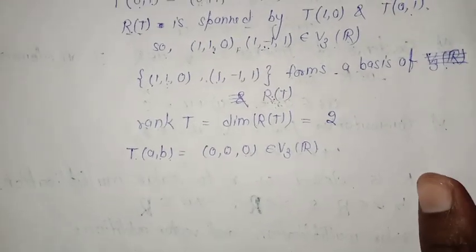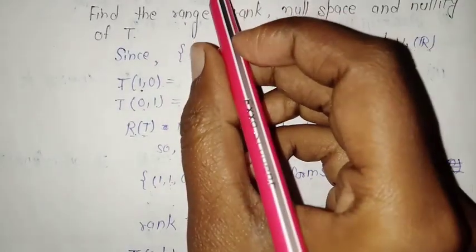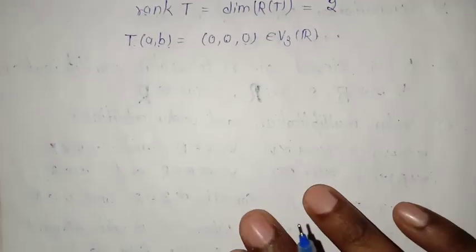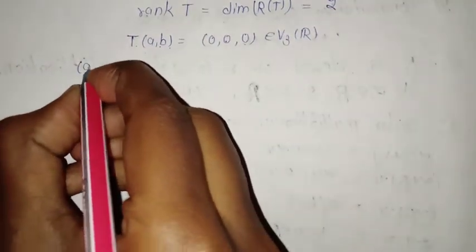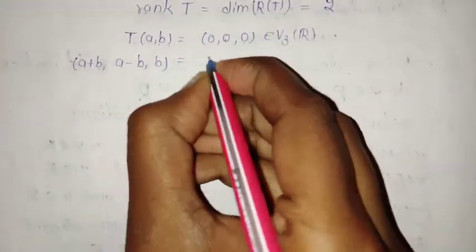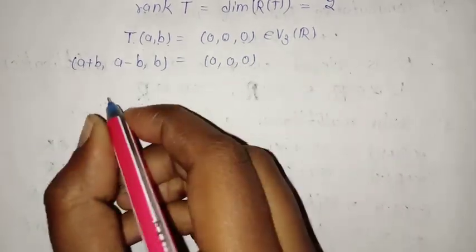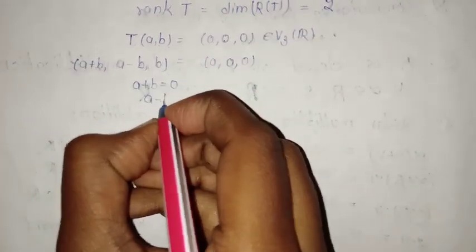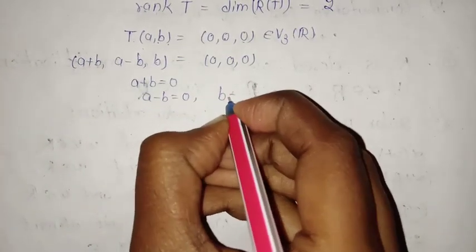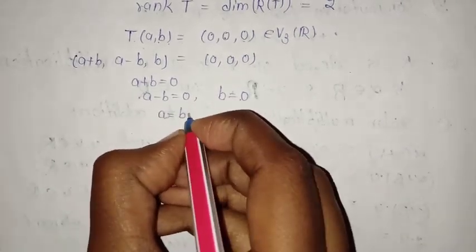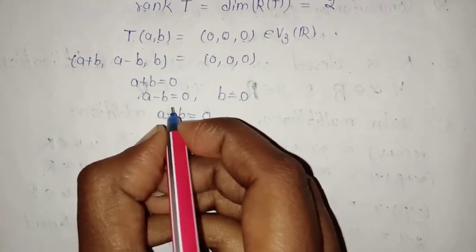So let's write the given definition, that is (A plus B, A minus B, B). So this can be written as (A plus B, A minus B, B) equals (0, 0, 0). If we compare them, we get A plus B equals 0, A minus B equals 0, and B equals 0. So if B is 0, A must be 0, because from here we are getting A equals B. So both the elements, A and B, are 0.